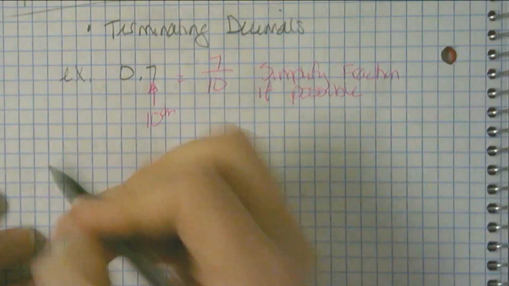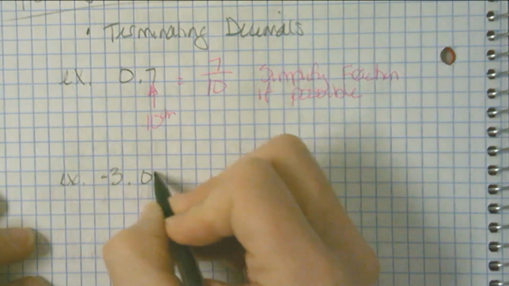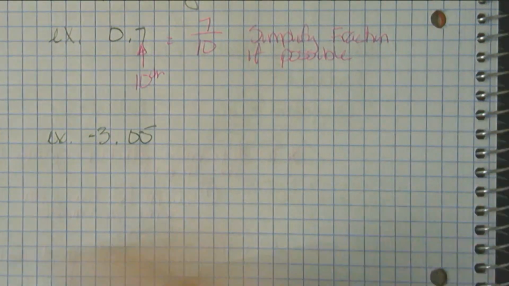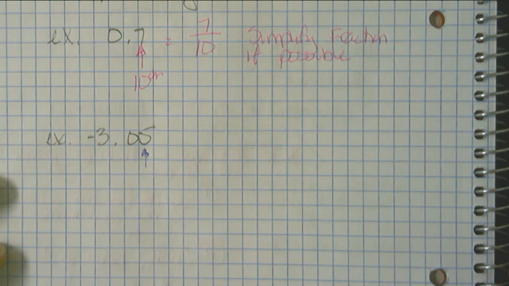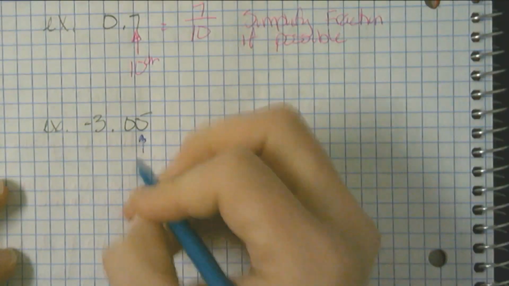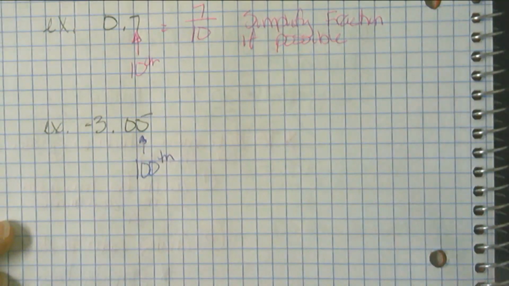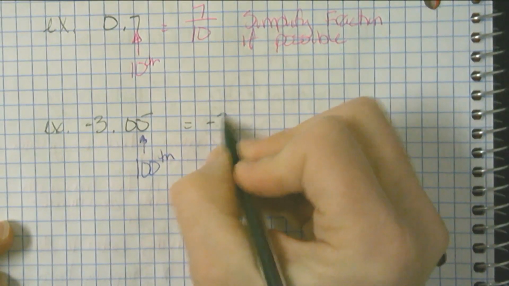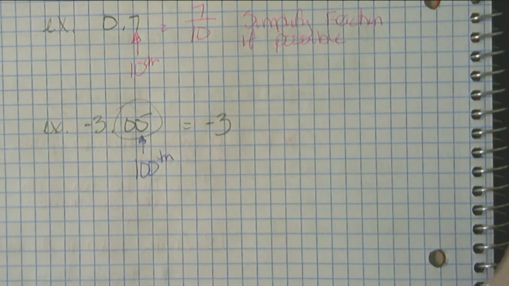All right, let's do another one. So -3.05. What place value is that 5 in, Danny? That's in the hundredths spot. So when I write this, I have -3. Somebody write that .05 as a fraction. Colin?